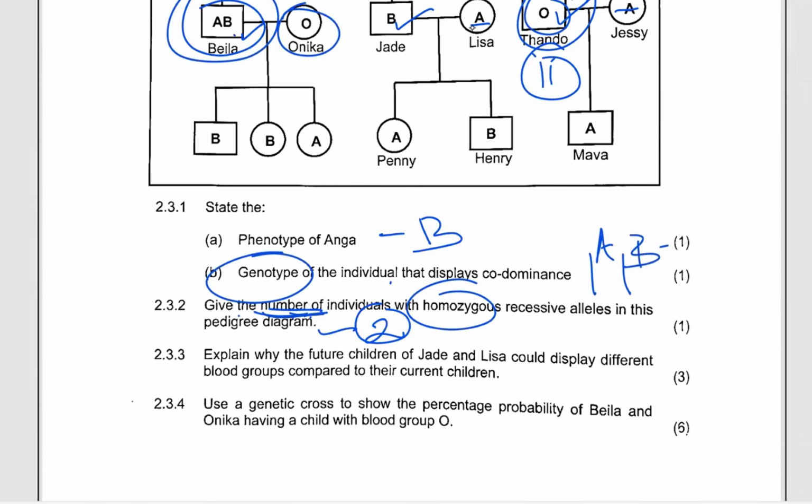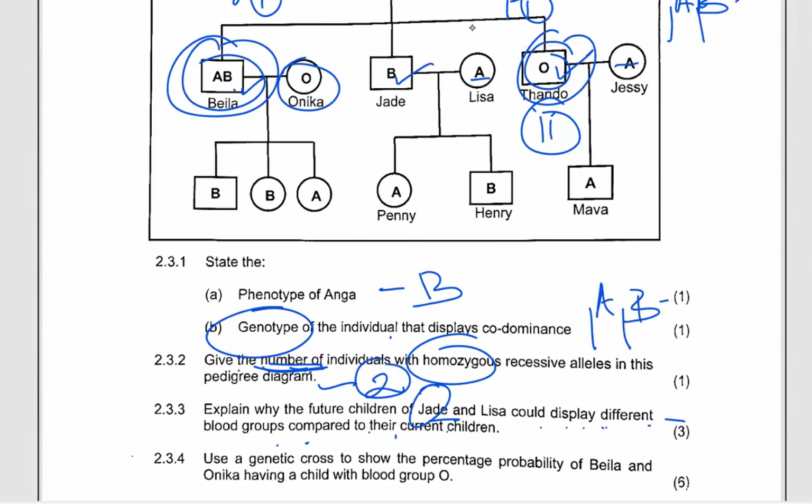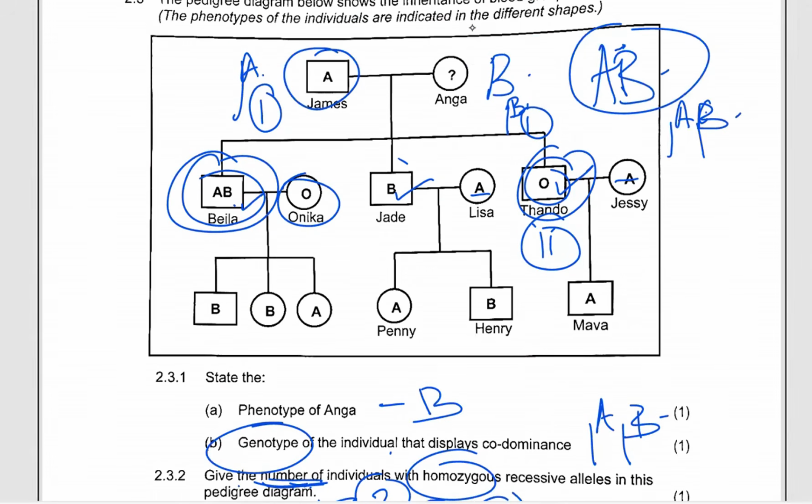Explain why the future children of JD and Lisa could display different blood groups compared to their current children. I have to look for JD and Lisa. So since JD and Lisa, this is A, this is B, this is A. And since these ones were like this, then automatically JD was a small letter.